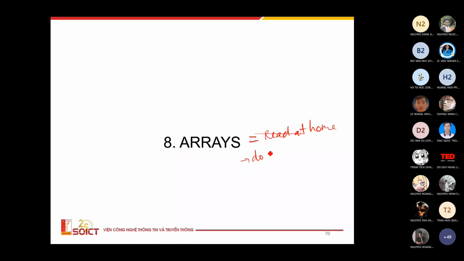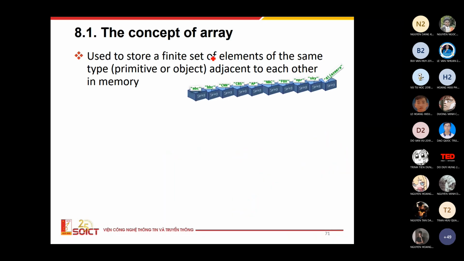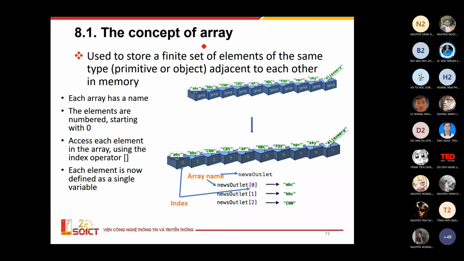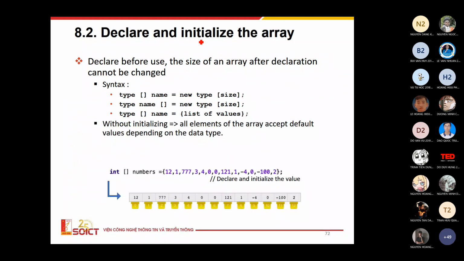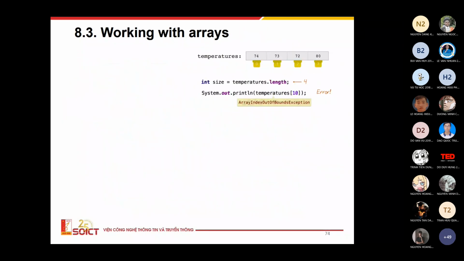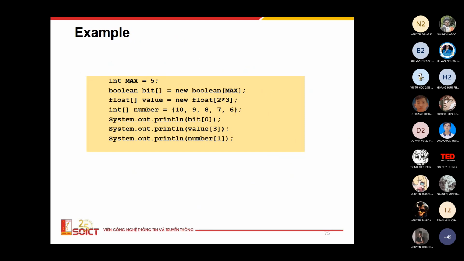And then you can do the homework of the second chapter, okay? And next week, I will review the array with you, and I will correct the homework. Okay, I think for the array, everything is what I wrote down in the slide, so it's easy for you to read it by yourself.